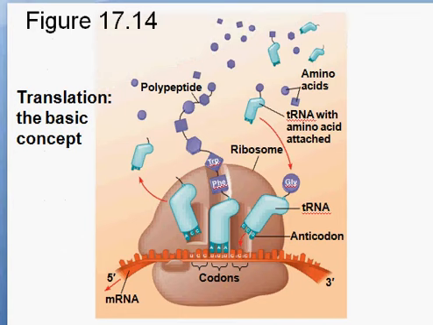So this picture shows the basic concept of translation, starting with the functioning of the ribosome, the presence of our messenger RNA, and the use of the transfer RNAs to bring in our amino acids to build our polypeptide chain.